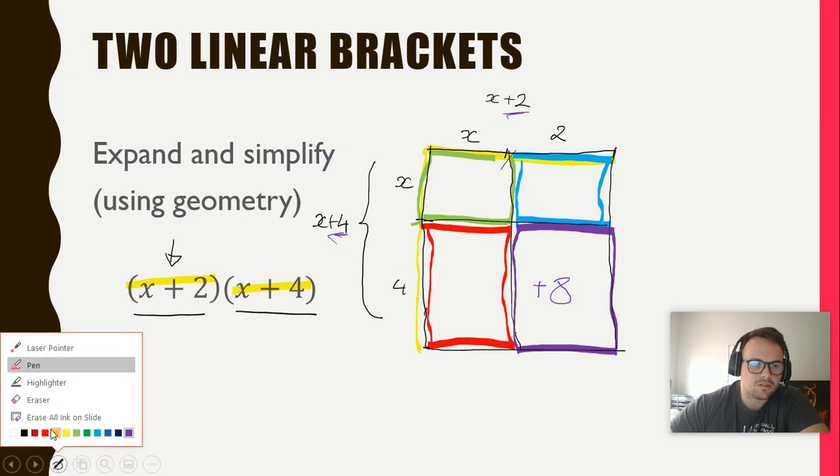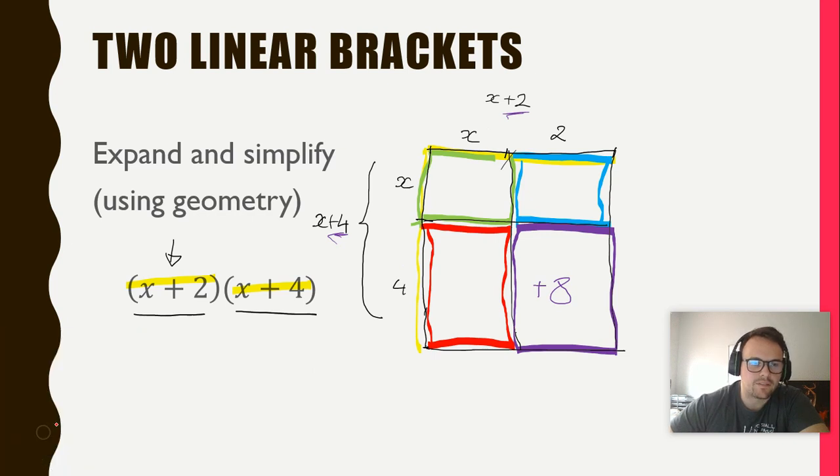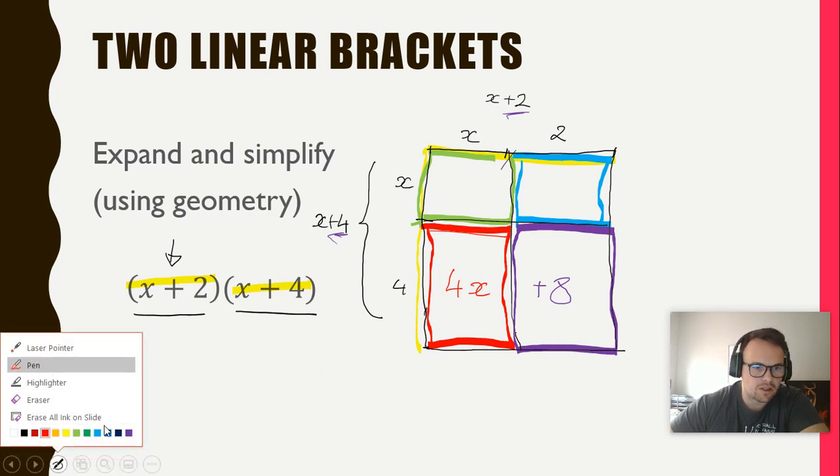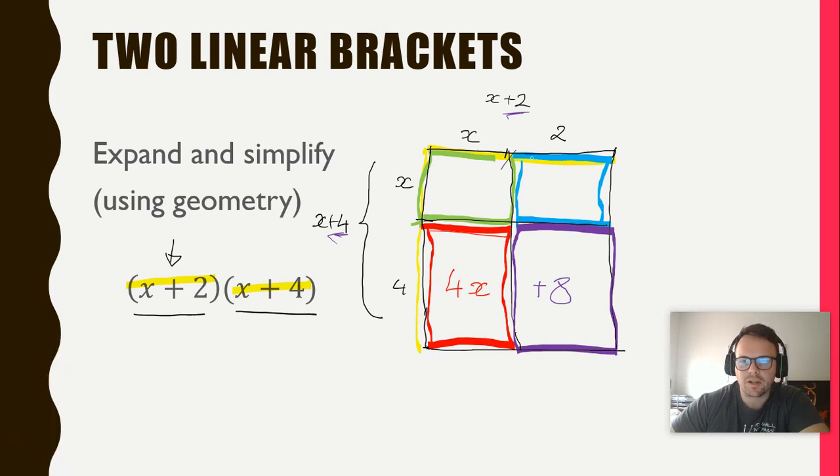Let's go to the next one, red. What about the red rectangle? This has a width of x and a length of 4, so 4 times x equals 4x. Piece of cake. Now blue. The blue rectangle, which is 2 by x, 2 times x equals 2x. Again, positive.